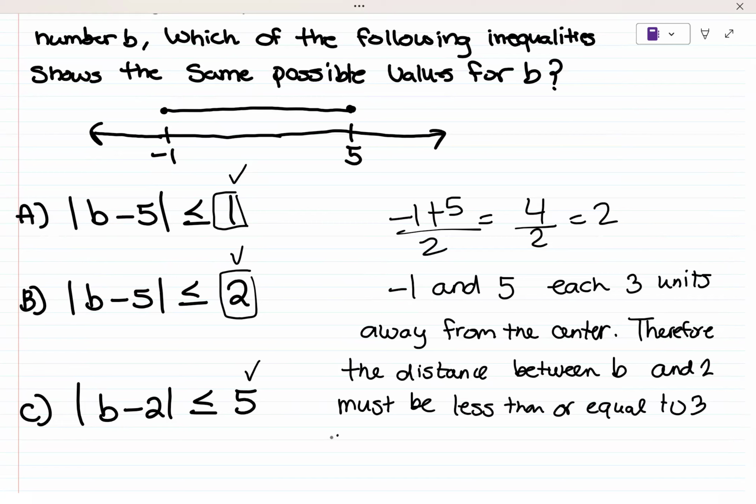So that means it's going to be absolute value of B minus 2 is less than or equal to 3.